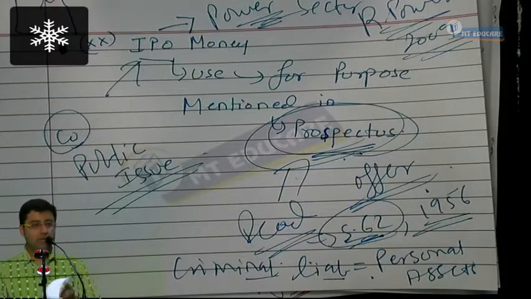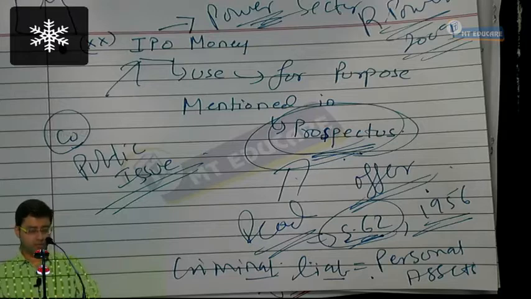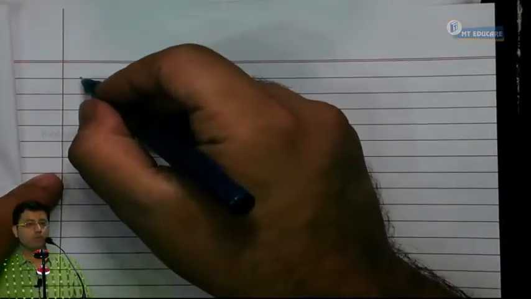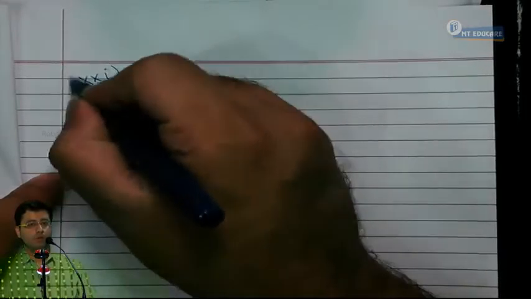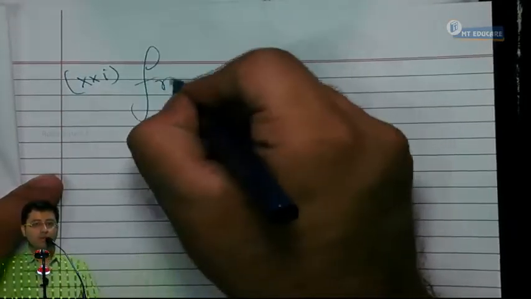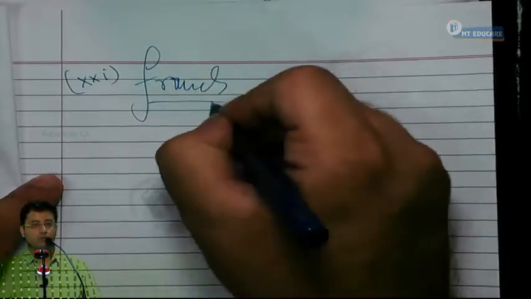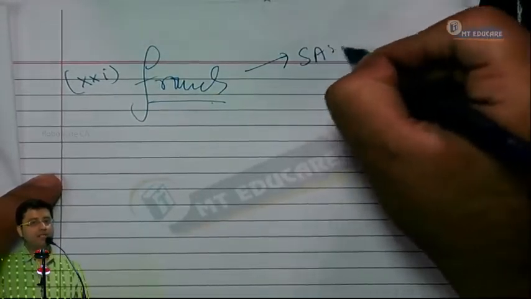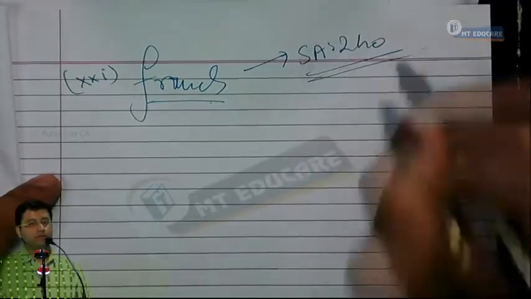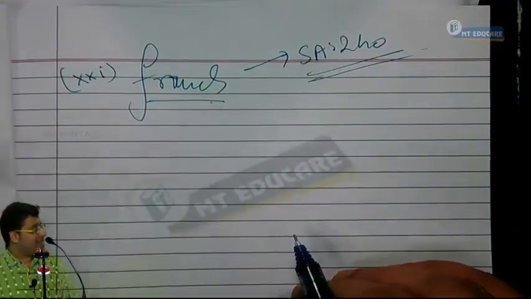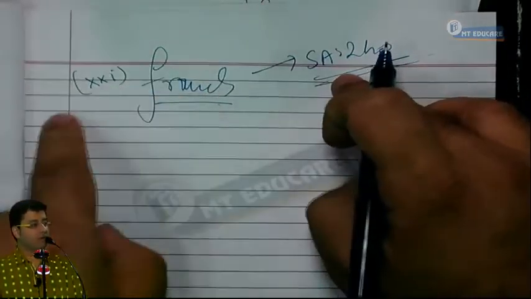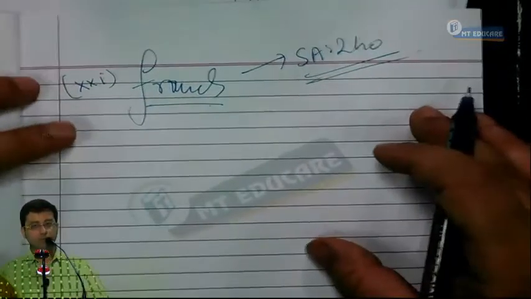Now, just the last point remaining, please pay attention. Clause number 21, the last clause, is on frauds. You can give reference to this clause when you are writing an answer on section 240. It is advisable that if you give reference to this clause along with 240, the quality of your answer improves, and the marks too.